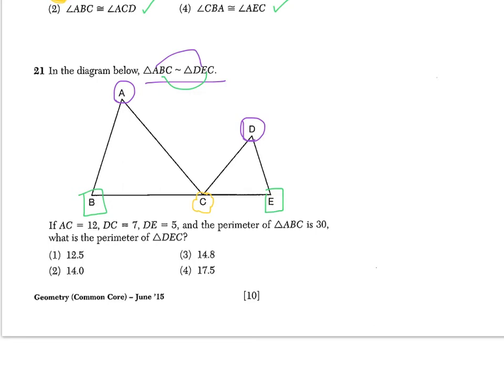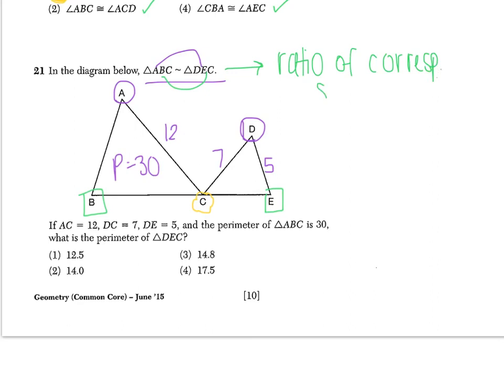So now here I know that AC is 12. DC is 7. DE is 5. And the perimeter of triangle ABC is equal to 30. Now because we know that these triangles are similar, we know that the ratio of corresponding sides is equal to the ratio of perimeters.